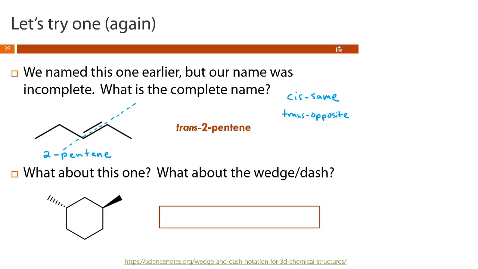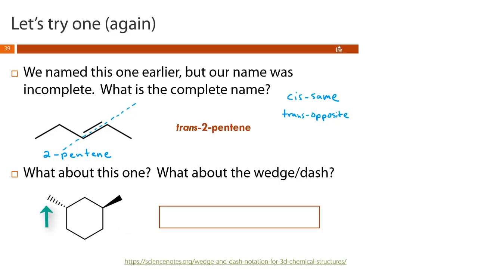Okay, so what about this one below? So this one uses something that you have not seen yet, and these are wedges and dashes. So this solid wedge right here means that this bond is coming out of the paper at you, or coming out of the screen at you. This is a trick that chemists use to show three-dimensional molecules on a two-dimensional screen.